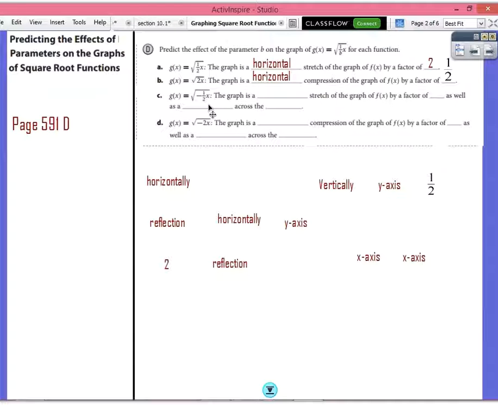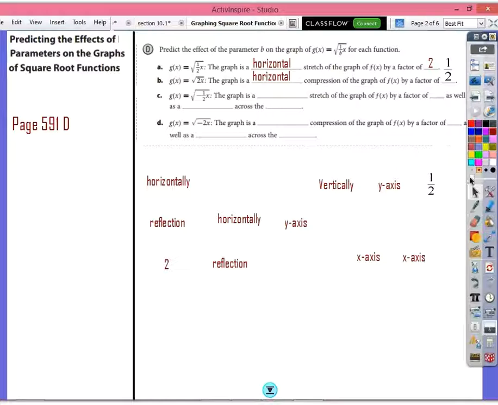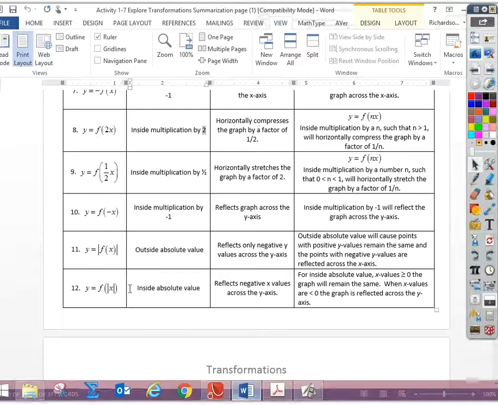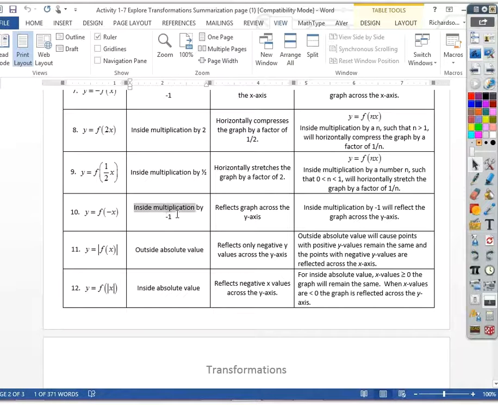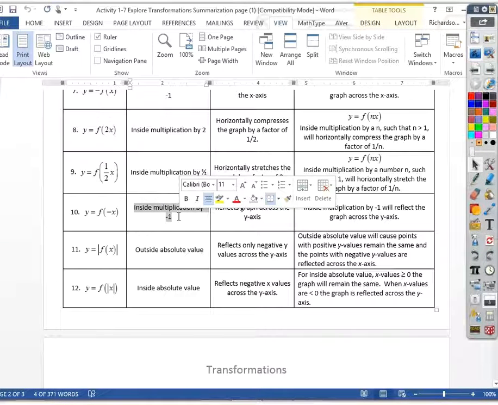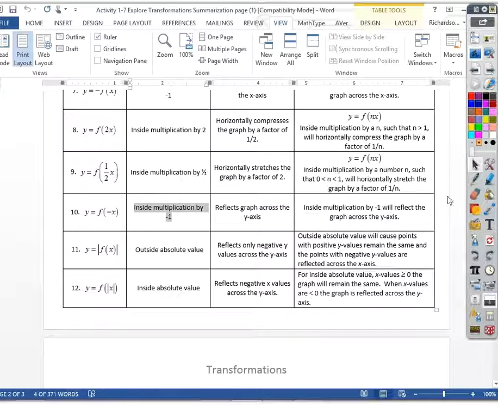Okay, now then what's different about C and D? Well, in this case, you would notice that the numbers are negative. Well, how does that affect the graph? Well, then we need to now go to line number 10 here, and we're actually going to get a combination of 2 of these different types of effects. One of them is we're going to get the effect of inside multiplication by -1.